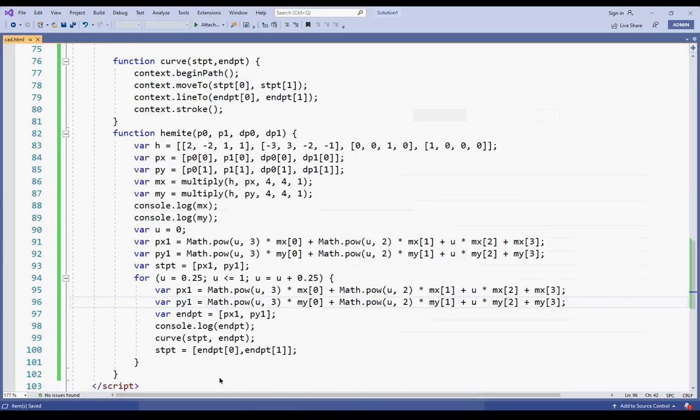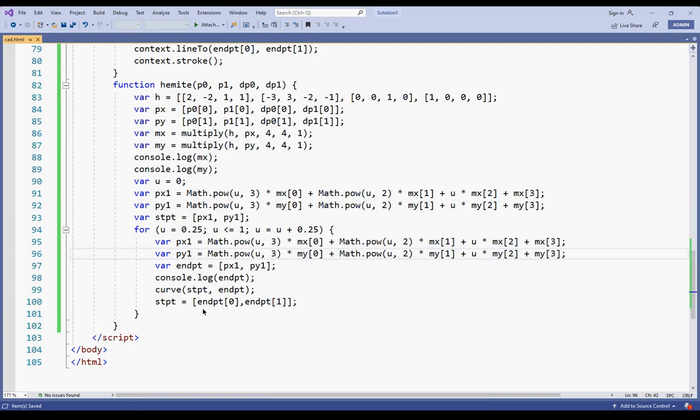So let's focus on this; the problem is here only. Endpoint 0. When I draw the curve, I can say px1 and here also py1. Doesn't make any difference.